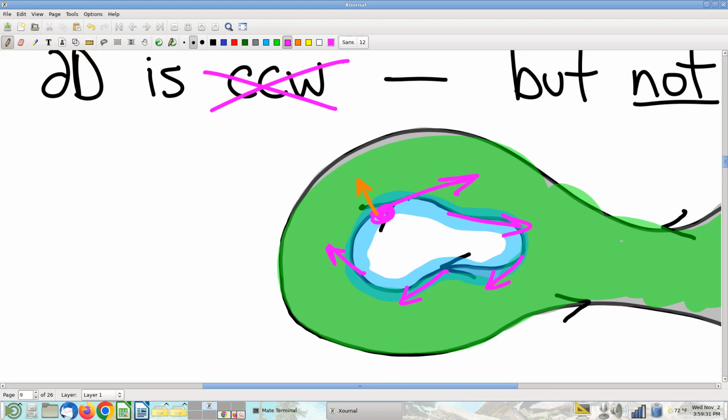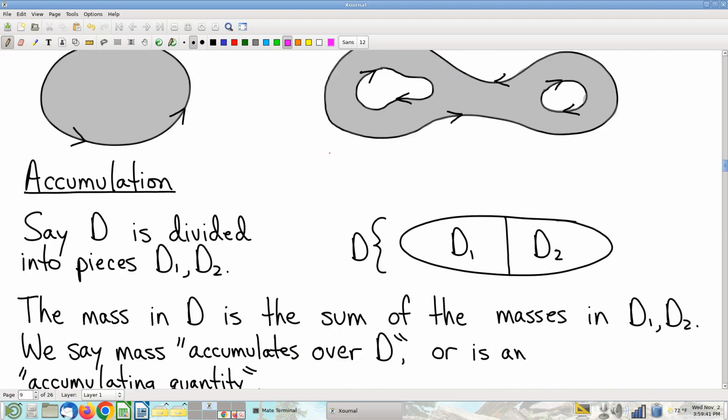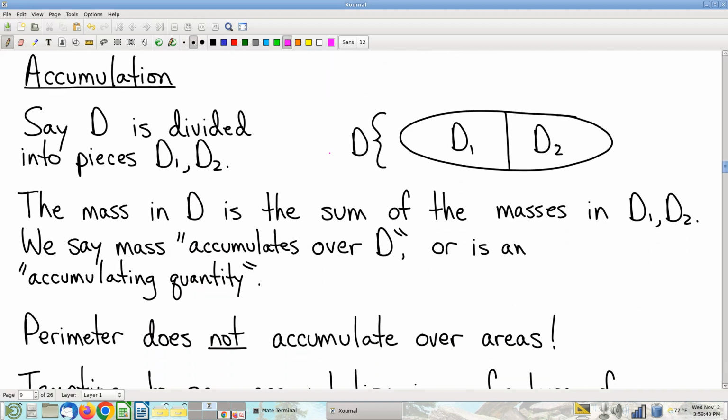Okay. All right. So that's our convention. Okay, now we're going to set that aside. We're going to go to a new, different idea that we're going to need, something that's important to the development of Green's theorem, the way I'm developing it here. And that is this idea of accumulation. Now, we've talked about accumulation in the past.